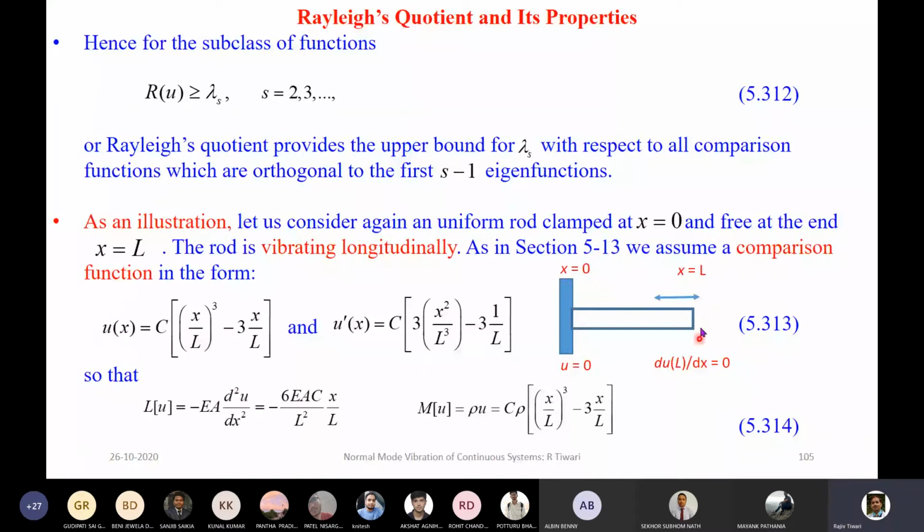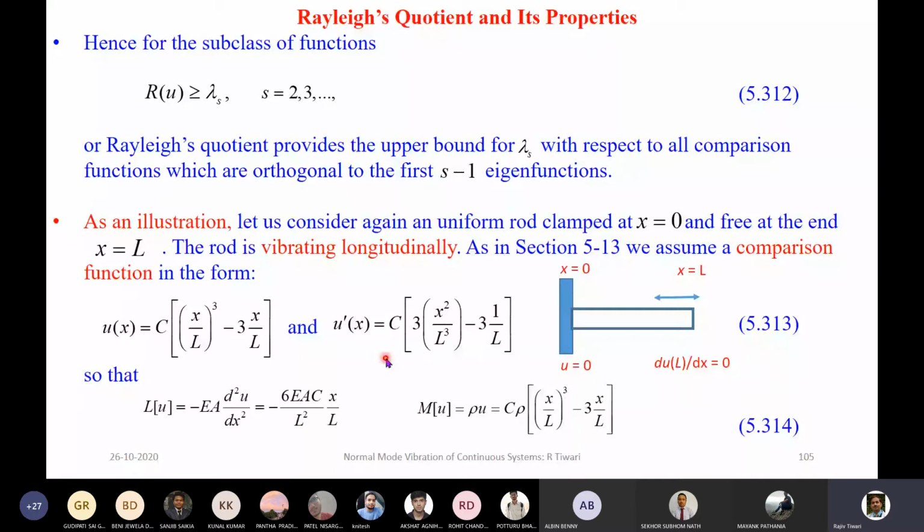For the natural boundary condition at x equal to L, the derivative of u should be 0. Here u prime represents the derivative with respect to x. If we take the derivative, we get this expression. If we put x equal to L here, we get 3 by L minus 3 by L, so this term will be 0. So the comparison function satisfies the natural boundary condition also.